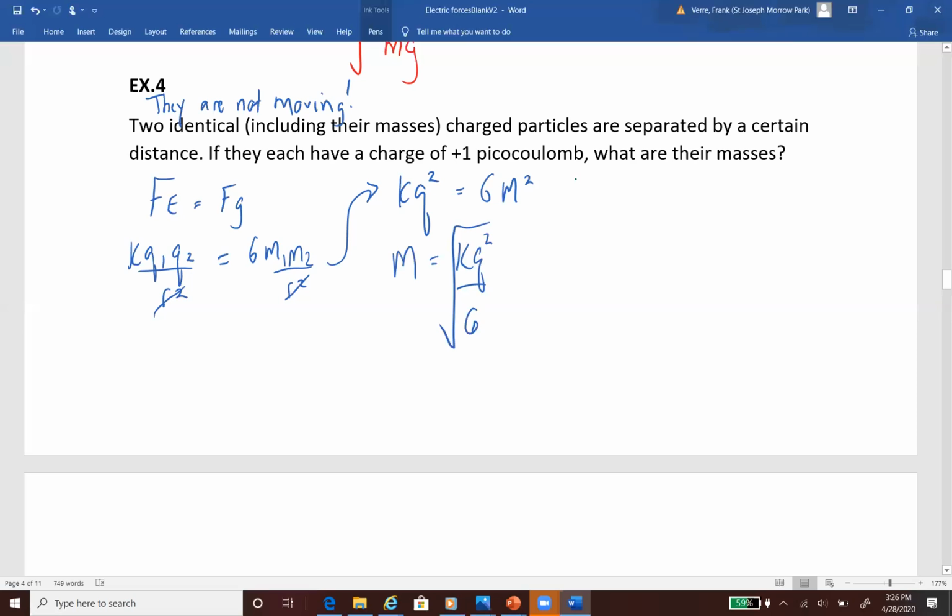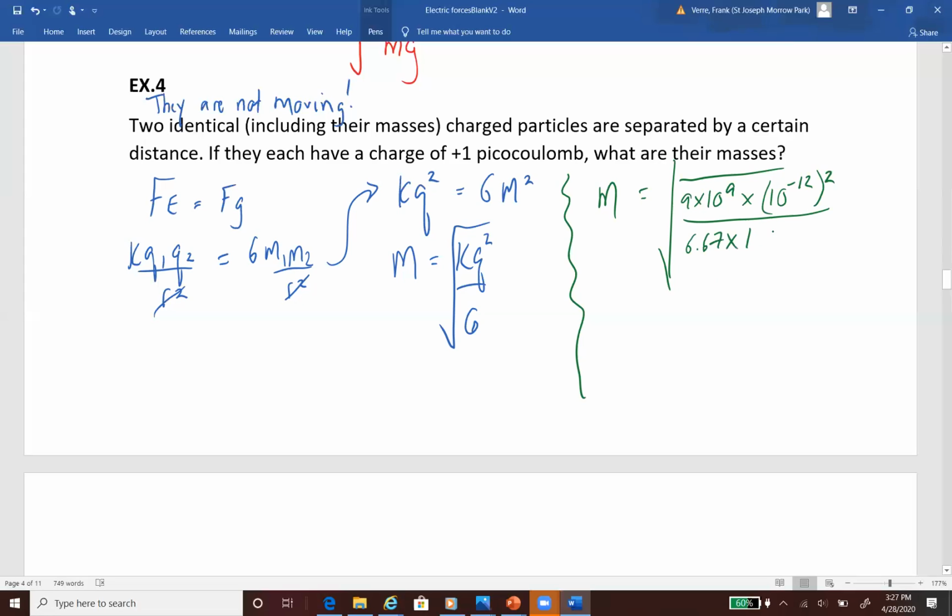So if I finish it off, m would be the square root of k times q squared, where a picocoulomb is 10 to the negative 12, squared, over the gravitational constant, which is 6.67 times 10 to the negative 11.